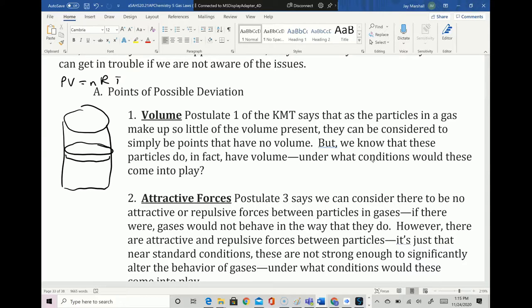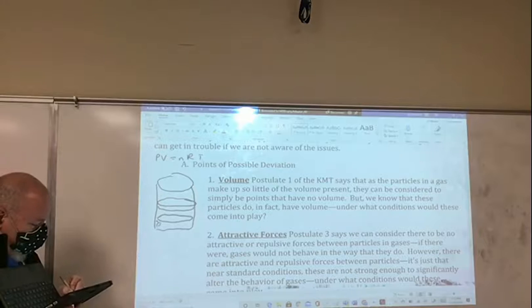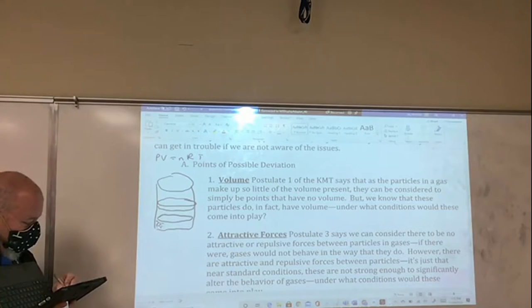But what if particles of gas actually took up, if they were compressed, half of the volume present in the space?